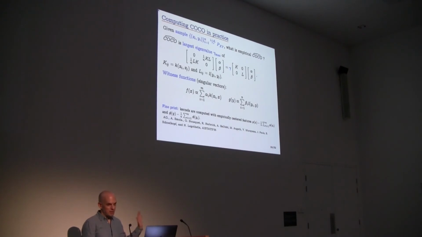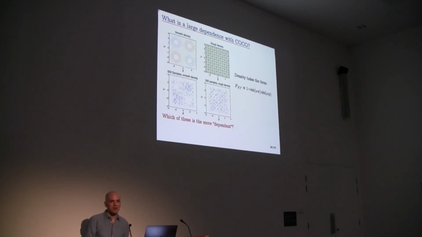So this is just how to compute these things, but now let's go back to understanding exactly what it is that the constraint covariance is doing. If I'm using this constraint covariance, what is a large dependence and what is a small dependence? How do I say that something is very dependent or less dependent? To illustrate this, I'm going to use a very simple example. This example here, I've got a distribution which is basically an offset, so that it's not negative, plus a product of sines at some frequencies omega.